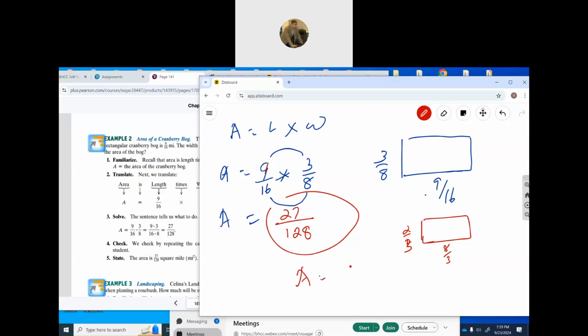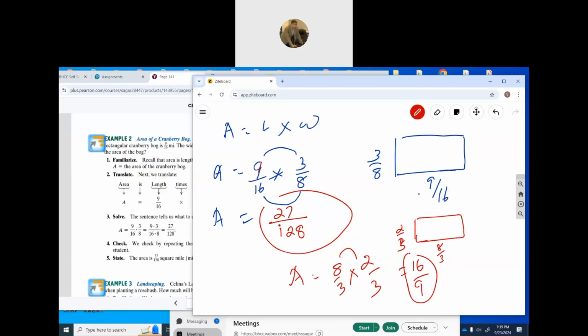So all we have to do is multiply. 8 over 3 times 2 over 3, which is going to be 16 over 9 here, right? Then you could divide this number and give the answer as a mixed number, okay? But if you divide this number, you're going to get a decimal. They don't want decimal. Decimal is chapter 3, okay?